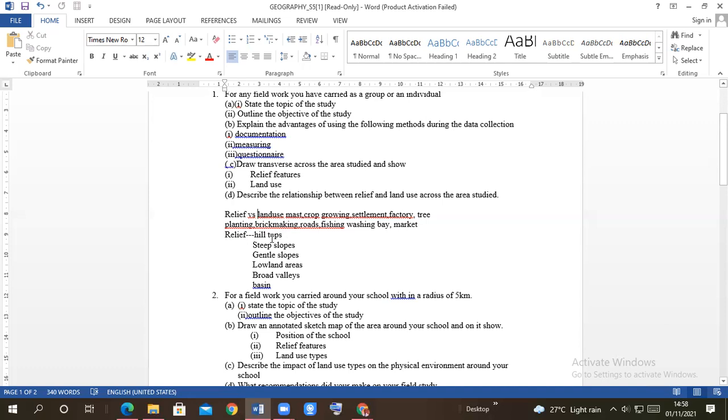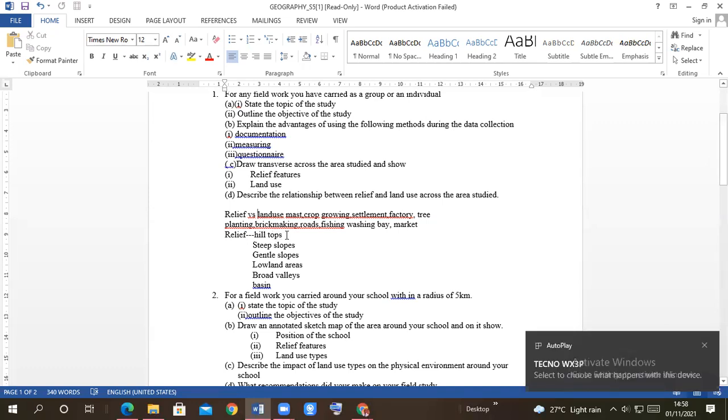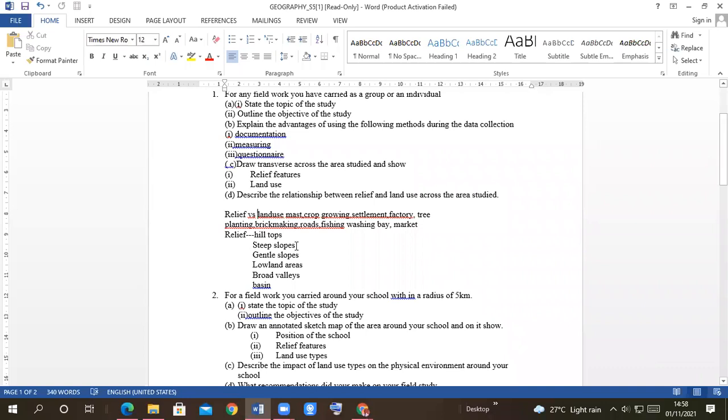The hilltops. Teacher, the hilltops. Yes. The mast. The mast, good.